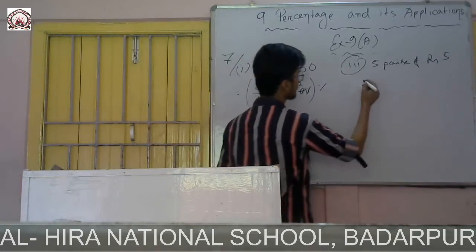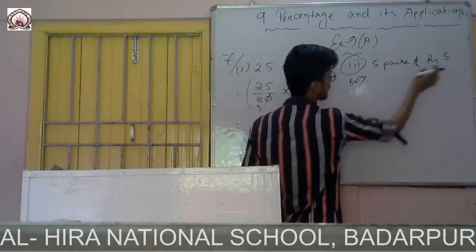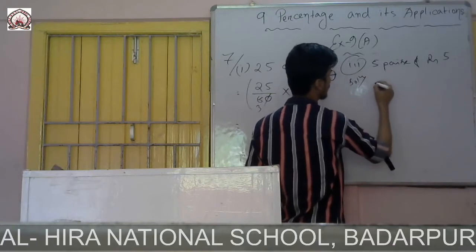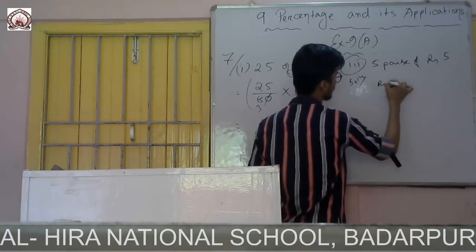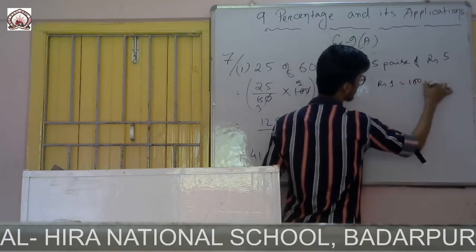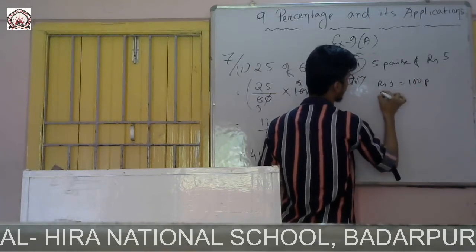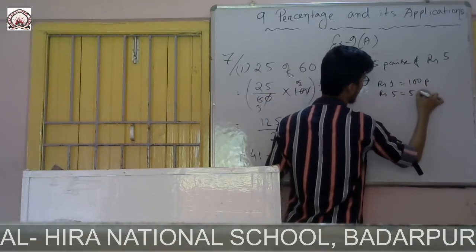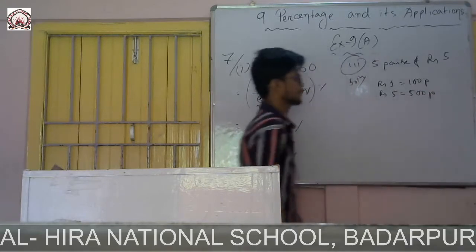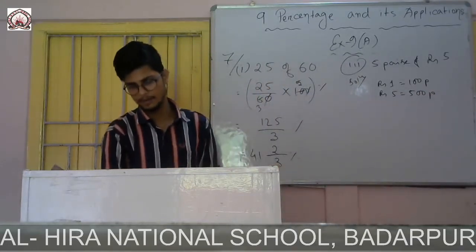So to solve this one, first of all you have to convert rupees into paise. Since rupees 1 is equal to 100 paise, therefore rupees 5 will be equal to 500 paise.